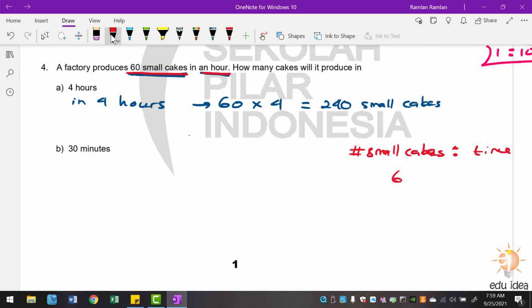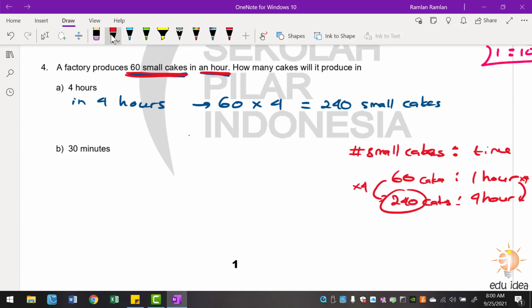It can be written as 60 cakes to 1 hour, right? Because it said that 60 cakes in 1 hour. So if I want to know how many cakes it will produce in 4 hours, this is 4 hours in here because this is the time, and this is multiplied by 4, and then this is also multiplied by 4. You'll get 240 small cakes. Okay, you will get the same exact value in here.